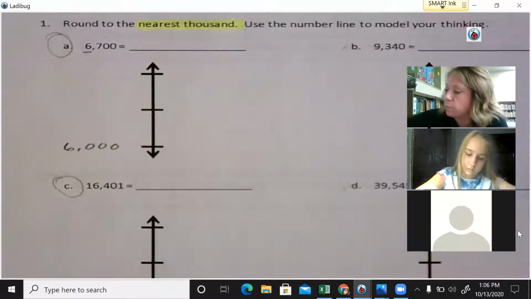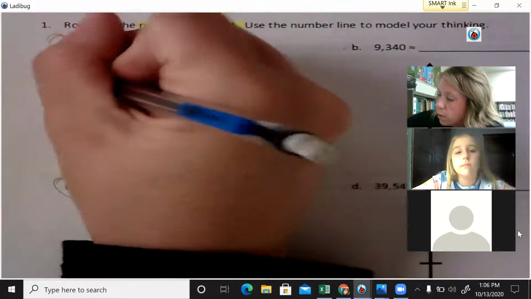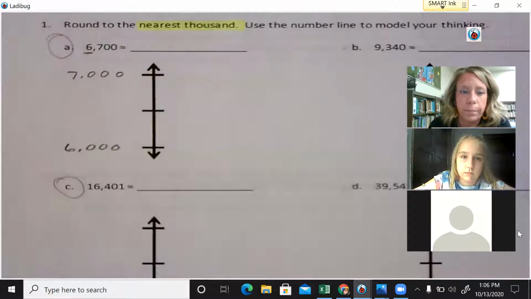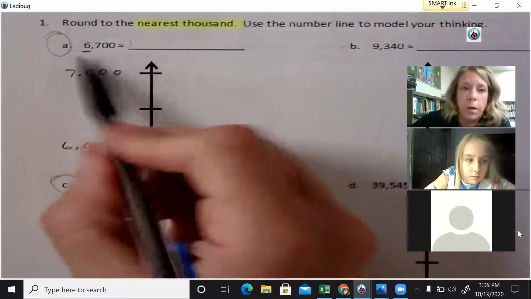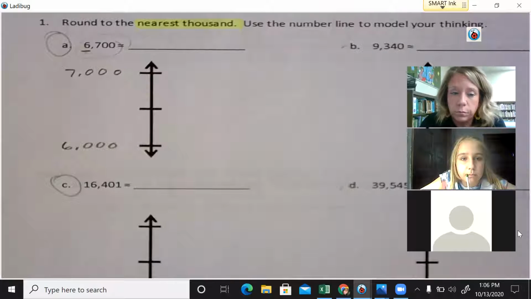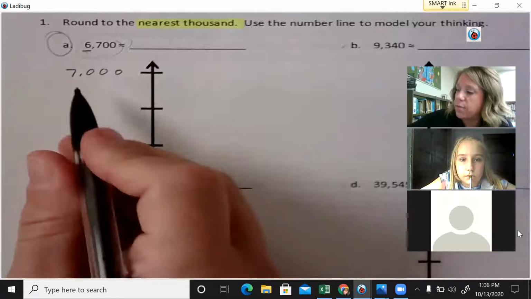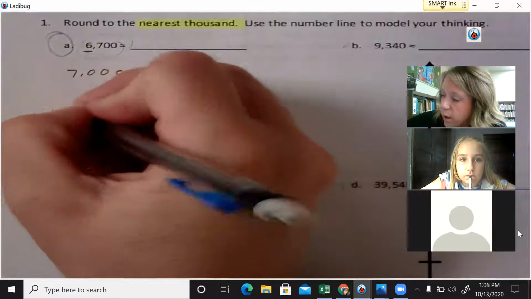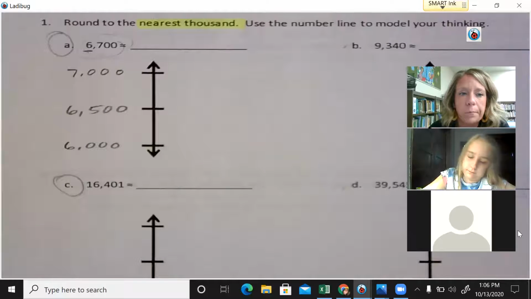So after 6,000, if you're counting by thousands, 7,000 would be your next 1,000. So these are the 2 easy numbers. Your original number needs to fall between those 2 easy numbers. So now that we've labeled those, we have to figure out what's in the middle. So you want to think halfway between 6,000 and 7,000 would be 6,500. So that's what we'll label your halfway point.